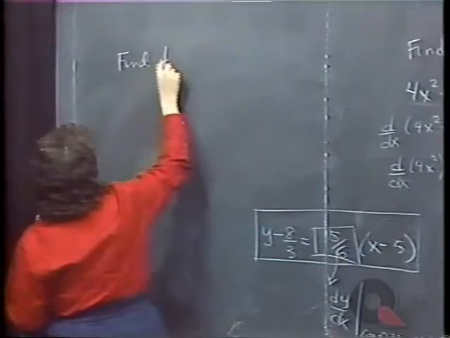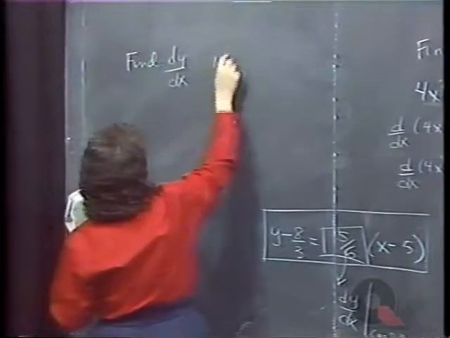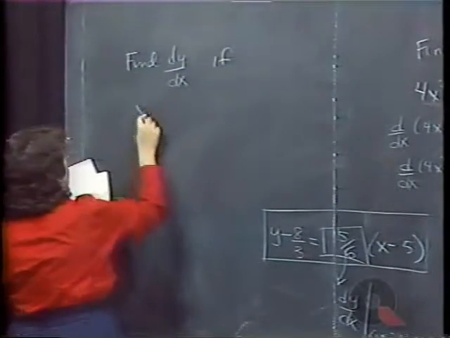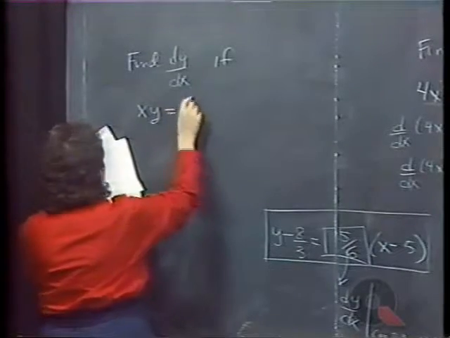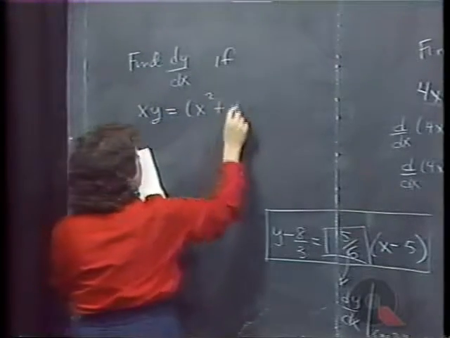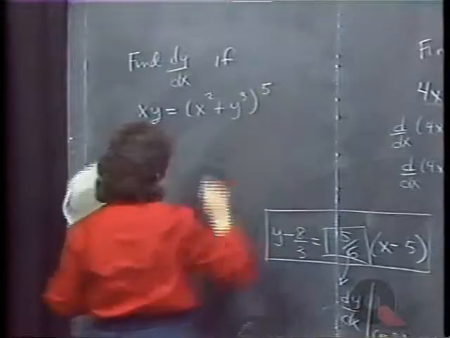Let's find dy/dx if xy equals (x squared plus y cubed) to the 5th power.